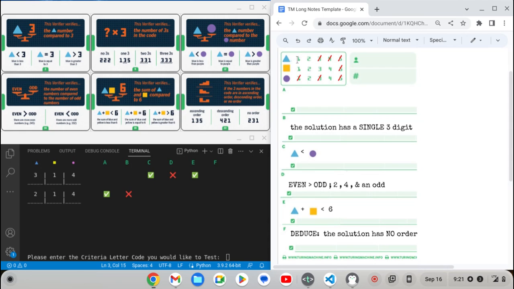Oh, yeah, the fact that there is a 3 means that there can't be 1s either. I should have picked up on that much earlier. Yeah, the fact that there is a single 3 means that there can't be any other odds, and that means that square seems to have the only odd, so that means it can't be a 2 and it can't be a 4.